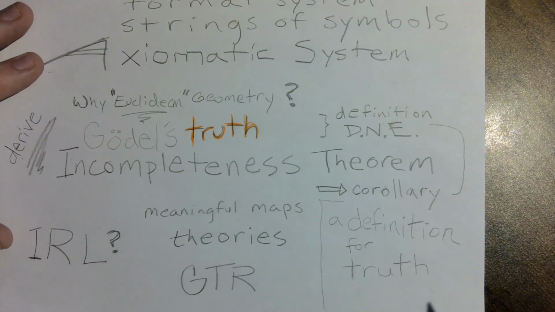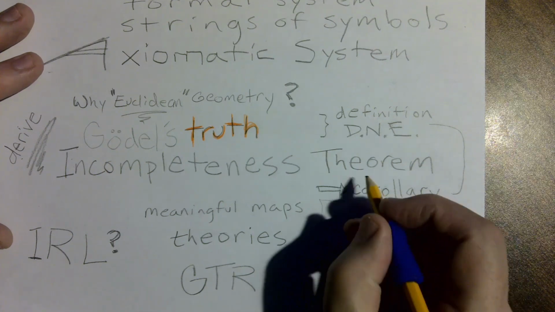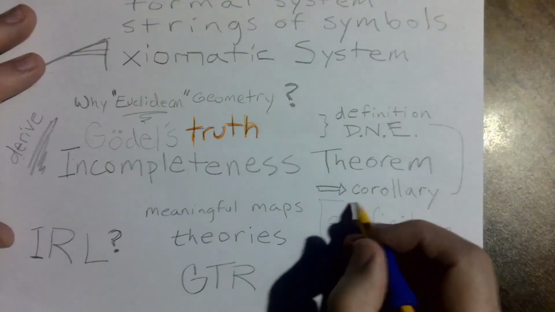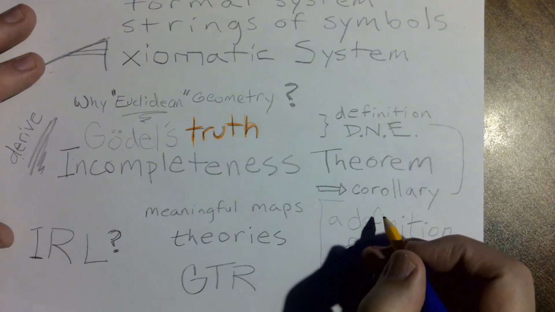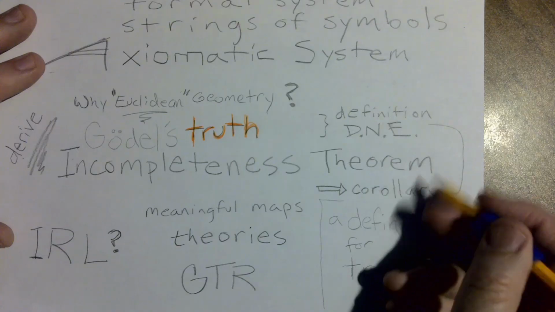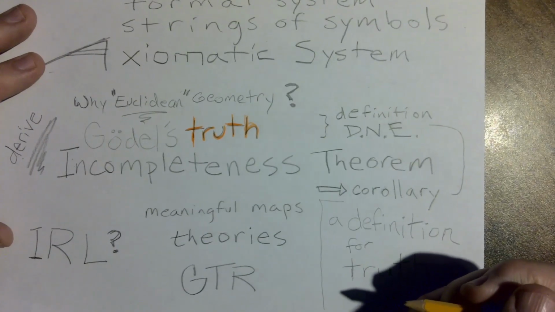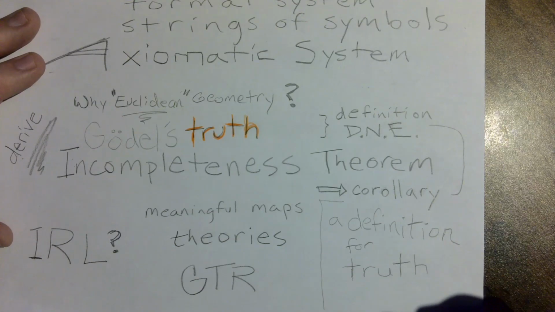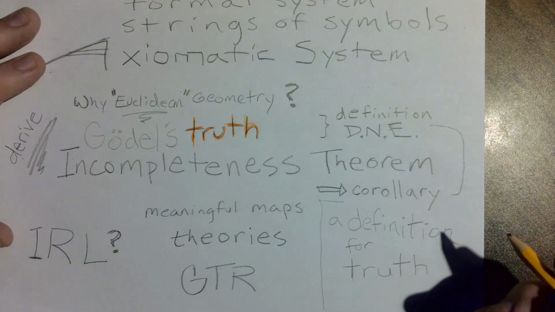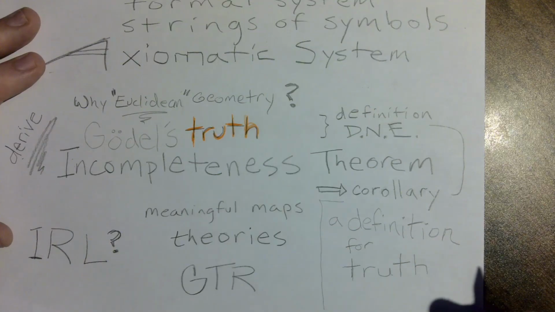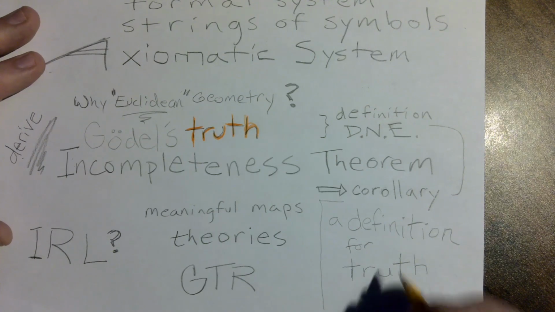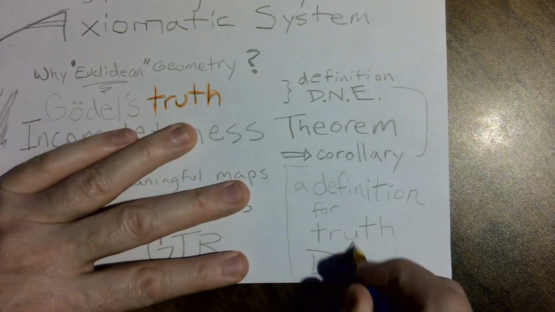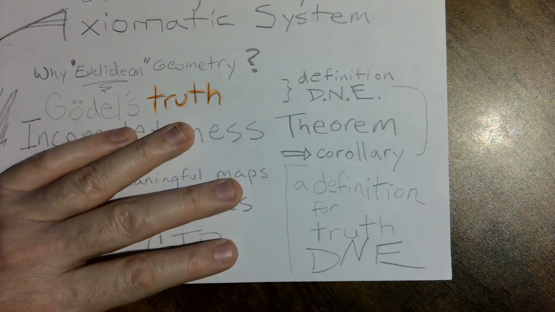There's an incompleteness to the system. And a corollary of this theorem, and remember, corollary is just another word for a theorem, but it's a theorem which falls right out of another theorem. A straightforward path to proof. Corollary of the incompleteness theorem is the definition for truth does not exist.